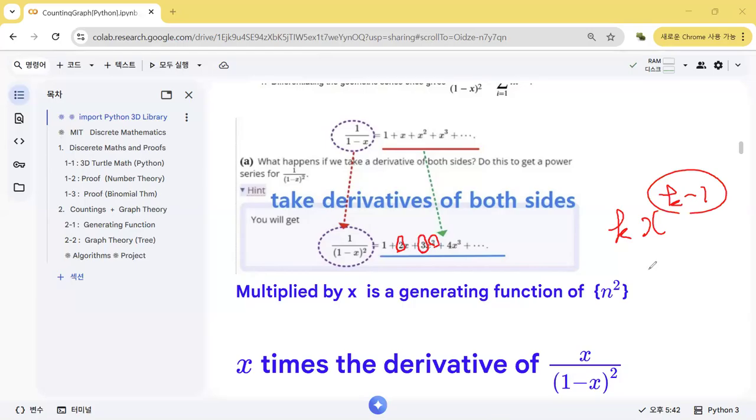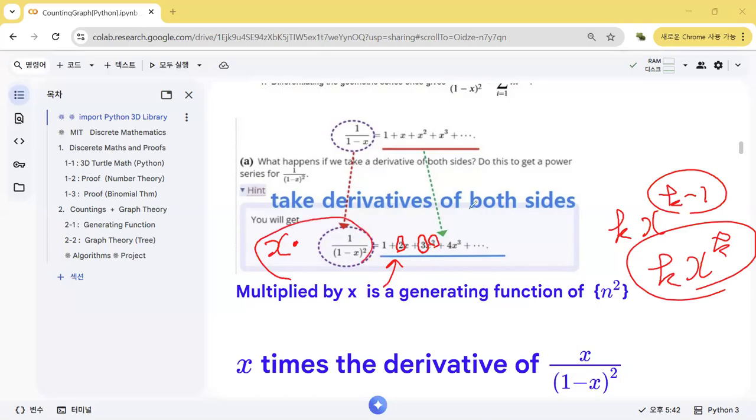Then how to make k x^k? That is, just multiply x to both sides, left hand side and right hand side. Then multiply by x on both sides, then you can see what you have.